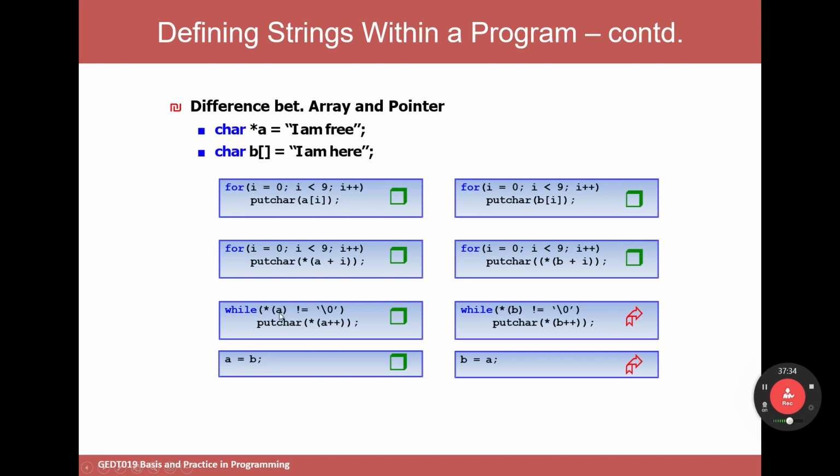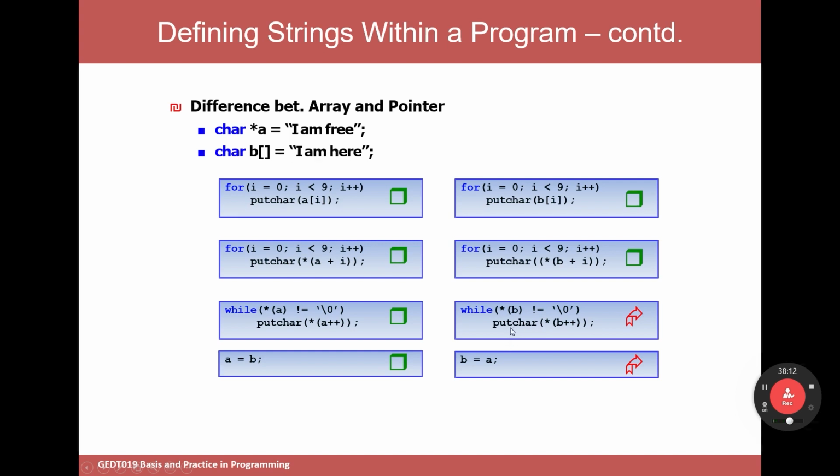If the value of the pointer is not equal to null, in this case print the character and then increase the pointer by 1 after you print the value of the pointer. So this one will print the whole string. And here, while this pointer is not equal to null, put the character and then increase this one. So this will generate the whole string.